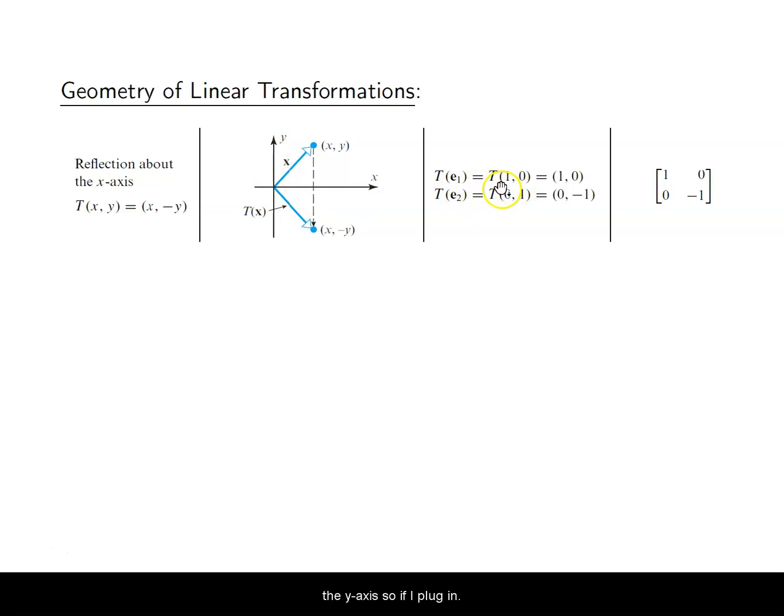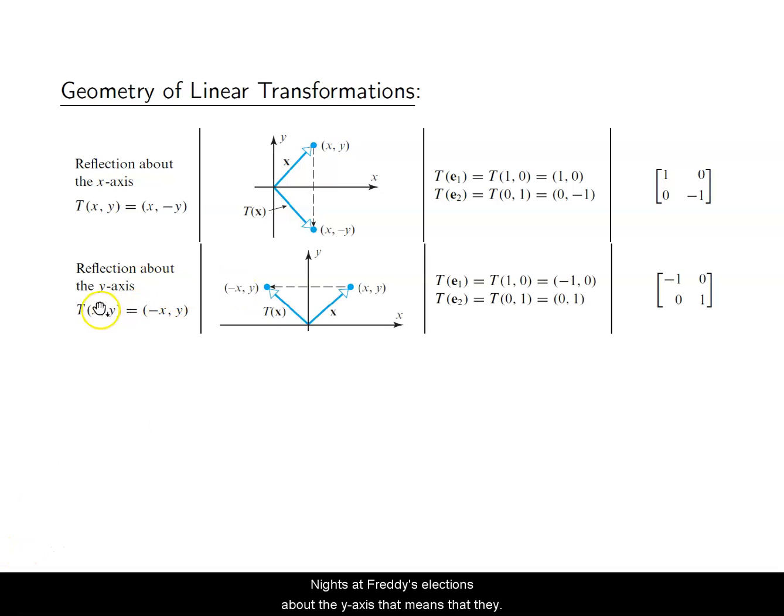If I plug the vector representation of the x-axis into my transformation, nothing happens because the y portion is 0, so that becomes my first column vector. If I plug in (0, 1), my representation of the y-axis, nothing happens for the first element, but the second element turns into a negative, and that becomes my second column vector. That's how I form my linear transformation.